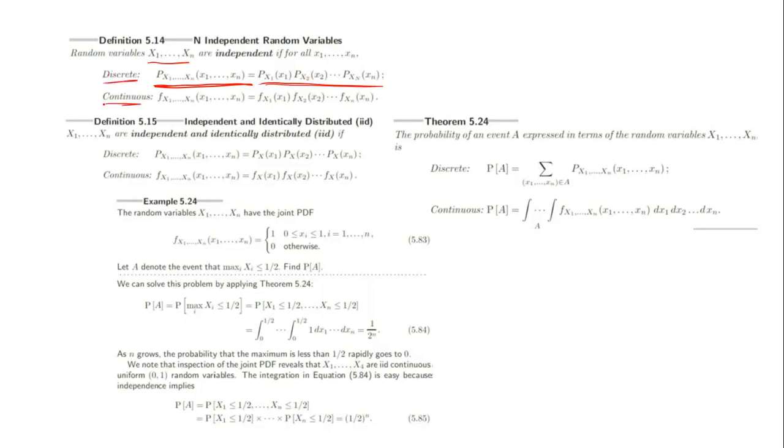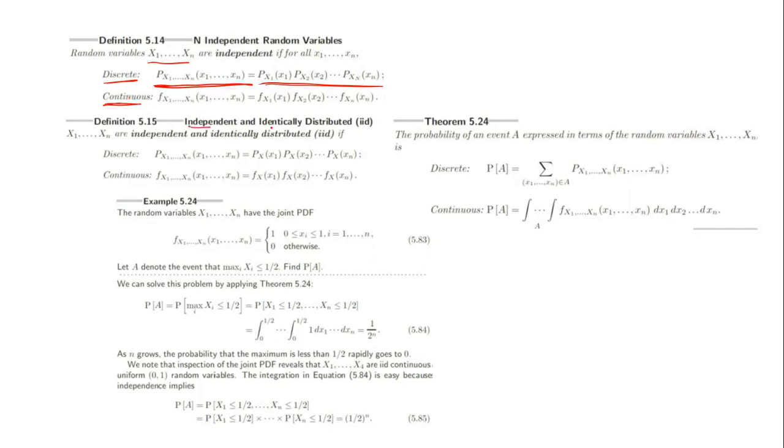For continuous random variables, the joint PDF should be equal to the multiplication of marginal PDFs. That's quite easy as a formula, but that's not that easy to prove or to show for any group of random variables. I have to try every marginal PDF, find every marginal PDF and multiply them and show whether they are equivalent or not.